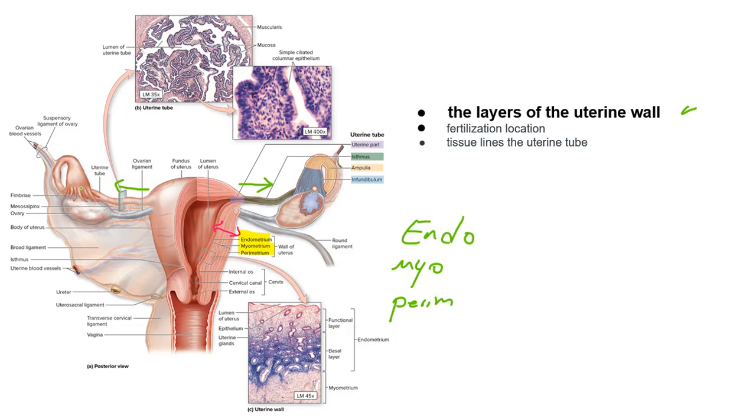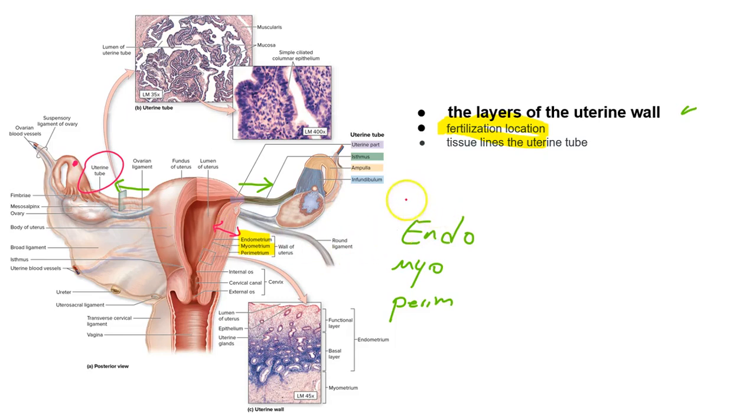But what is the function of the uterine tube? Actually, the uterine tube is the fertilization location, the place where the sperm and egg meet each other, and there is a possibility that the sperm can fertilize the oocyte or the egg. So the fertilization location would be the uterine tube.